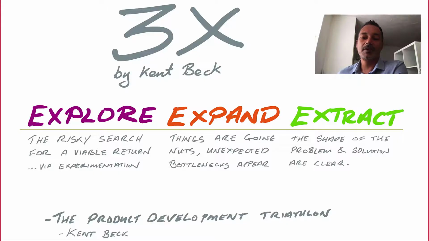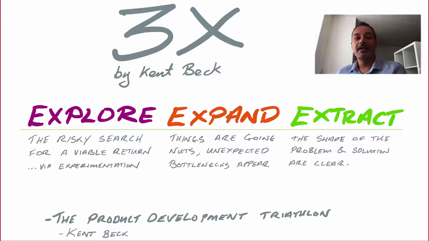Yeah. So one of my favorite pieces that he wrote was the product development triathlon, and he talked about it as a series of things that happen, like in a triathlon, where there's running, cycling, and swimming, not necessarily in that order. Whilst it's one event, there are three very different sets of rules and three very different sets of strengths and skills involved in each part of that process.